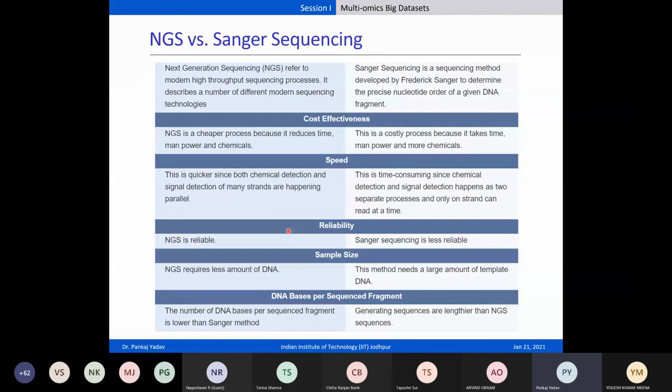You can take them anywhere you want. In the coming few years, you will have sequencers which can be used to sequence live organisms under the water or in a given soil sample. That kind of work is also going to be a reality in a few years. And you can imagine how much data will then be generated.